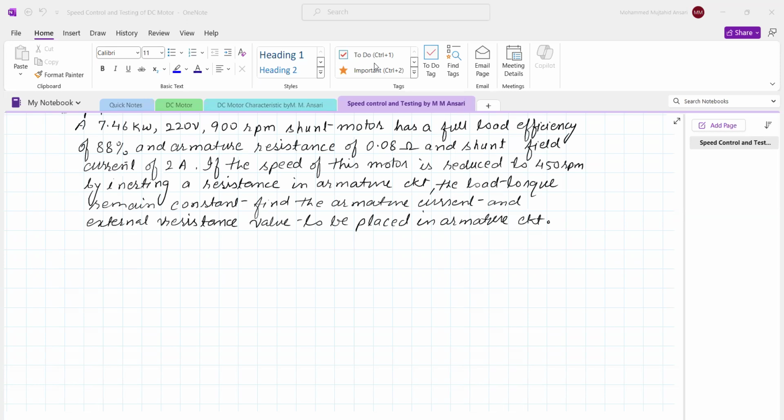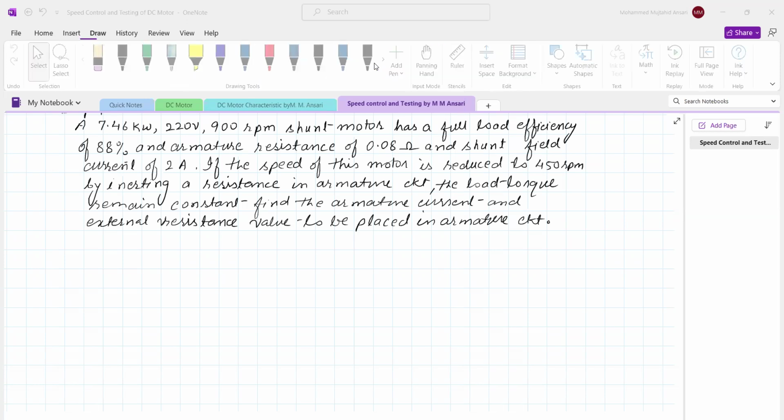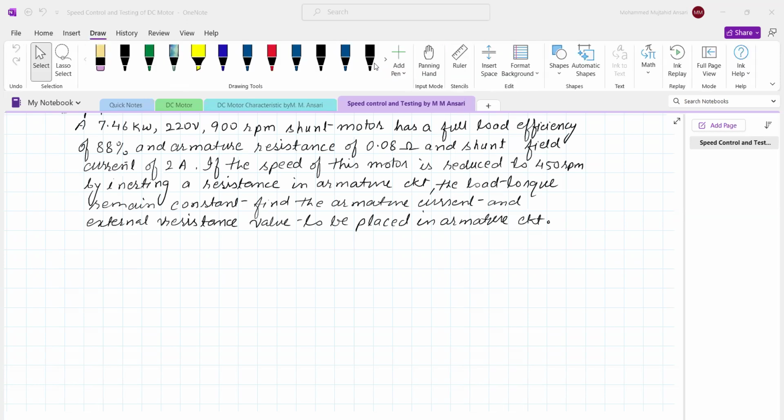So for today's numerical: a 7.46 kilowatt, 220 volt, 900 RPM motor has a full load efficiency of 88%, an armature resistance of 0.08 ohms and a shunt field current of 2 ampere.